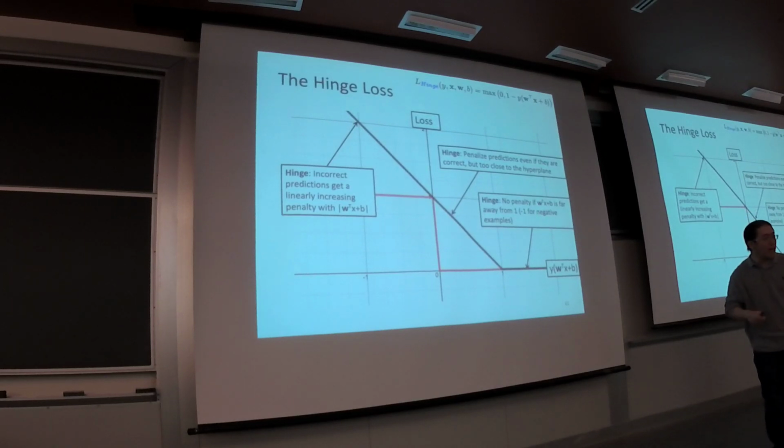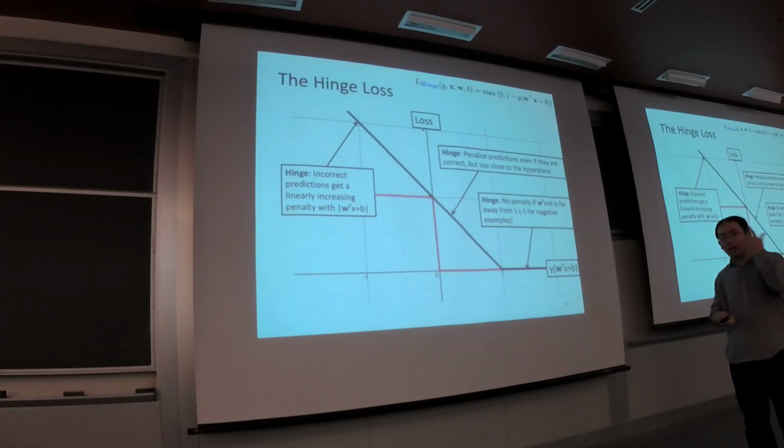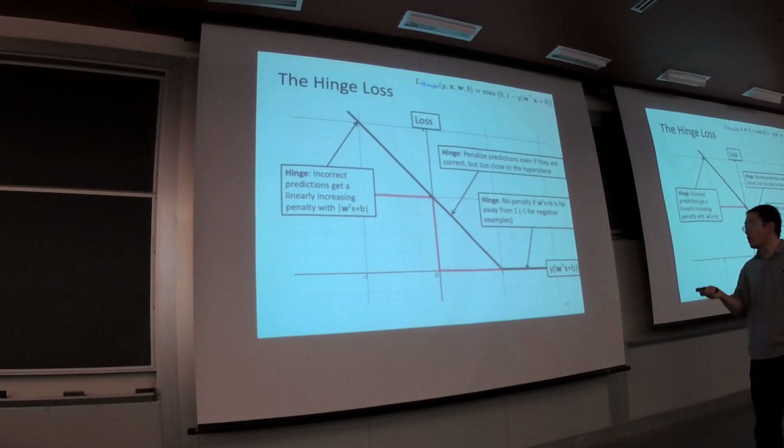So it implies that when you make wrong predictions, it will penalize more when your mistake is more and more wrong. It will give penalty based on the severity of the mistake you make. So obviously, if your prediction is wrong, then the larger the absolute value of your function margin, the more wrong you are. Then you incur a larger penalty.